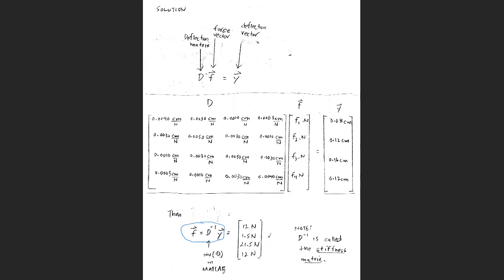And you're going to get then the forces on points 1, 2, 3, and 4 of that beam. Okay, are there any questions on that? D inverse, by the way, is what's called your stiffness matrix.